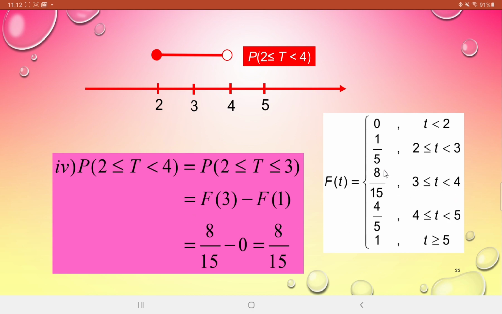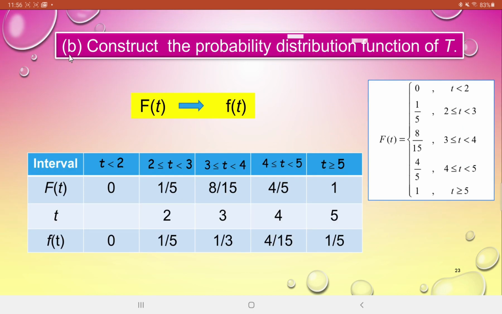F(3) is equal 8 over 15. So we get the answer is 8 over 15. B. Construct the probability distribution function of T. In other words, we need to construct the probability distribution function small f from the cumulative distribution function capital F.